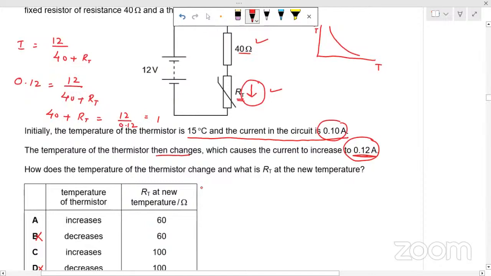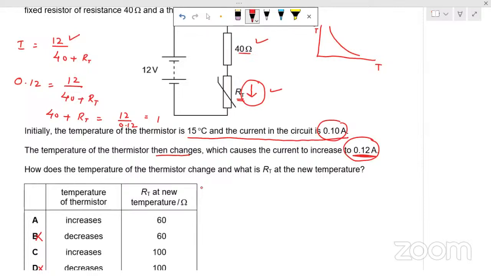So what should be the value? This is the new current. The current increases to 0.12. So we know the new current, and the new current is this voltage divided by its resistance.